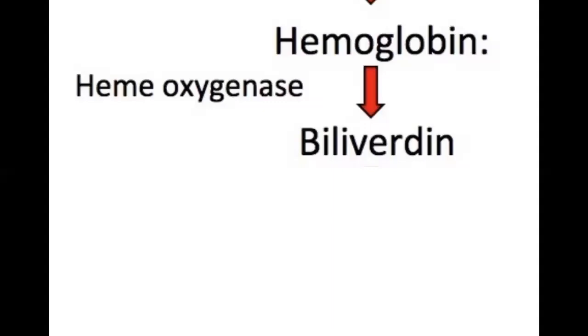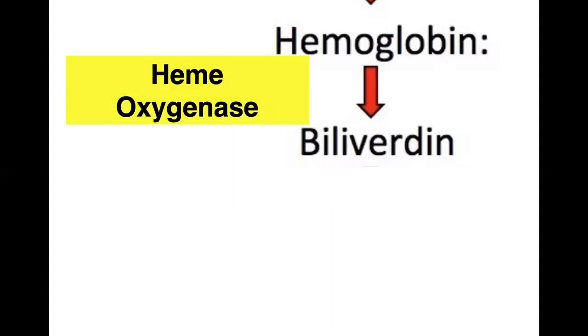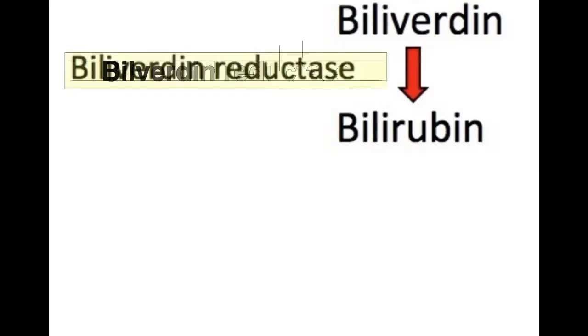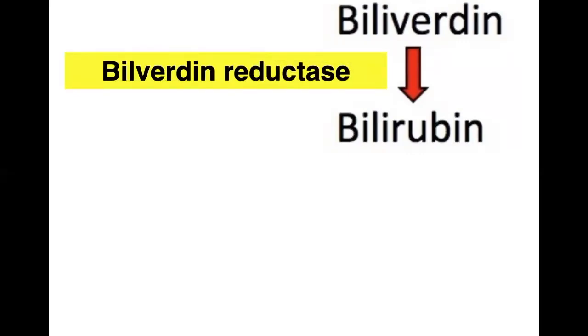So hemoglobin is metabolized or converted to biliverdin. What's the enzyme responsible? It is heme oxygenase. So please memorize this. Now, biliverdin will be reduced and it will become bilirubin. What's the enzyme? Biliverdin reductase.